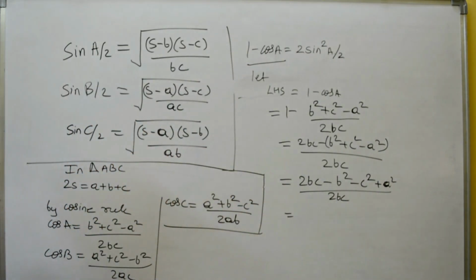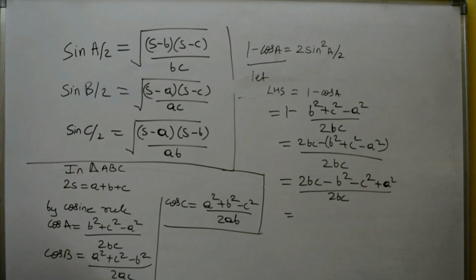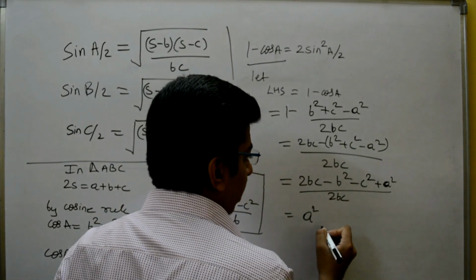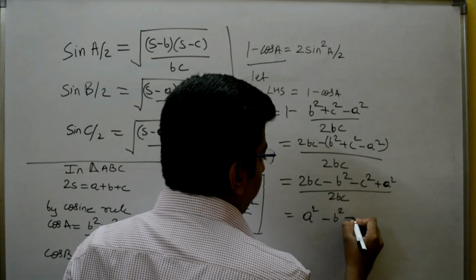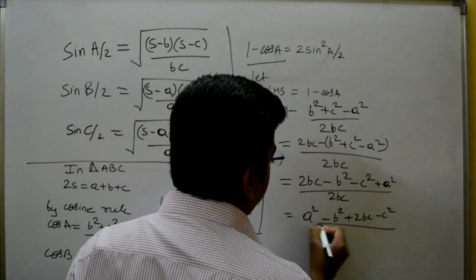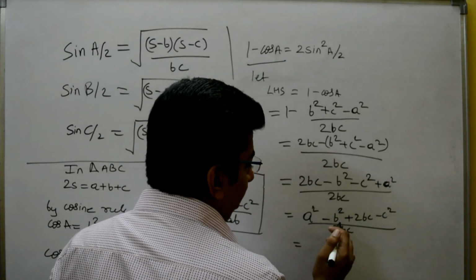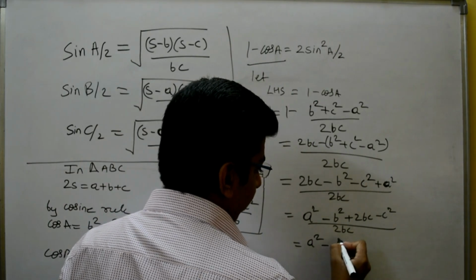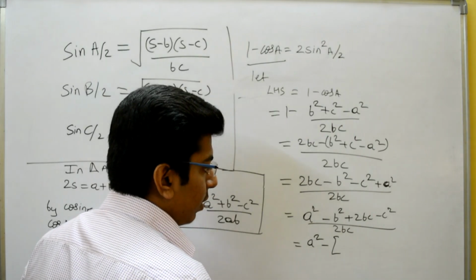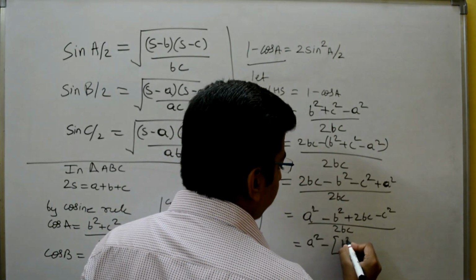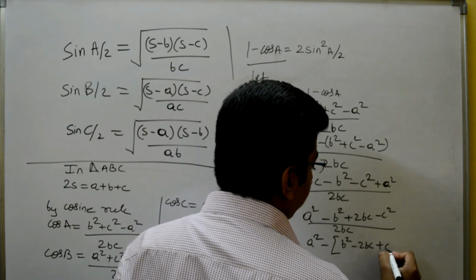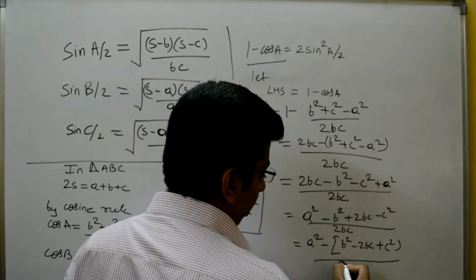Now adjusting there, I am taking a square in the front: a square minus b square plus 2bc minus c square upon 2bc. I am removing the minus sign from here: a square minus, we have taken the minus common, so minus common b square minus 2bc plus c square, upon 2bc.